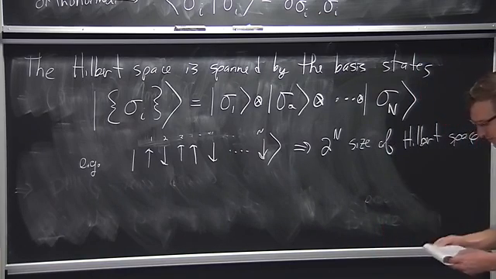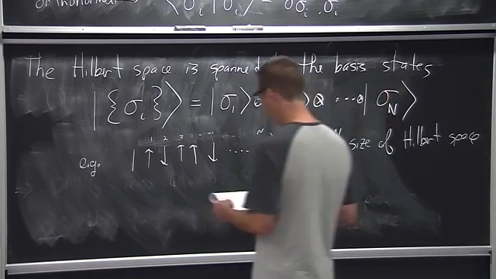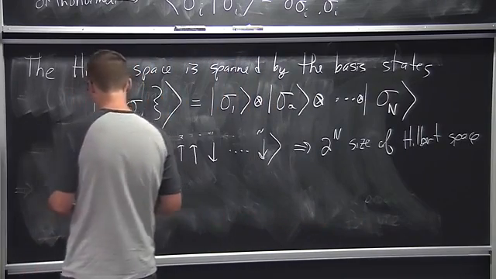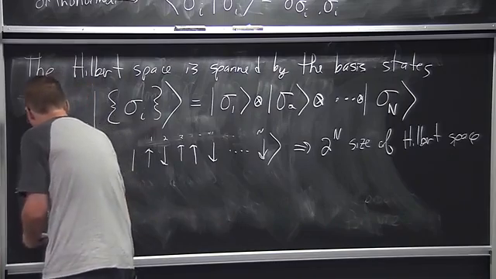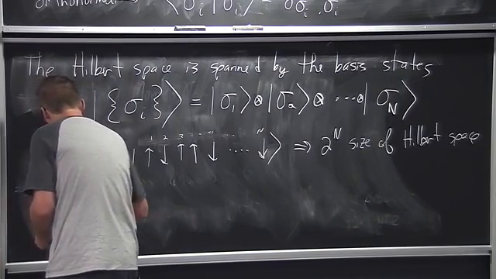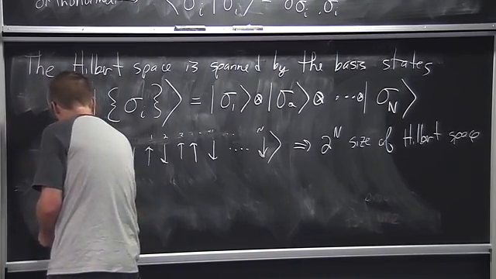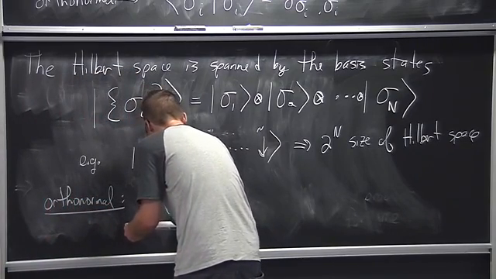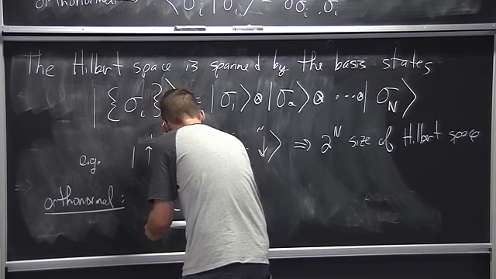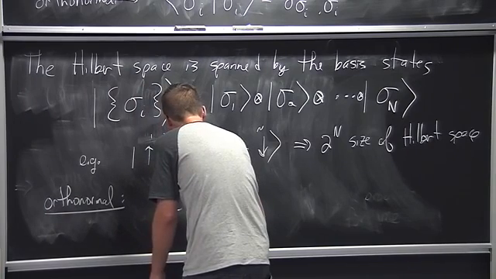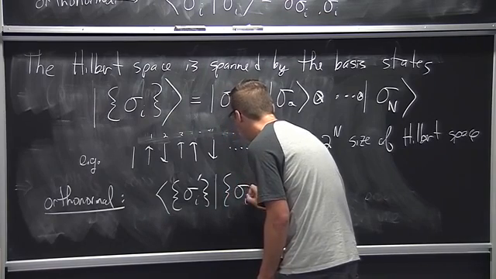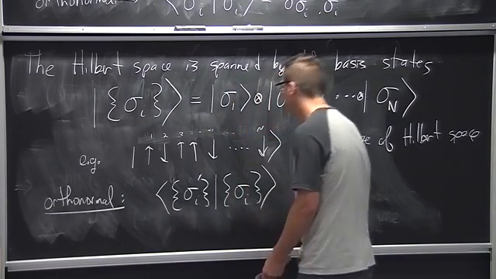Right? Makes sense? And the matrix element, well, the orthonormal condition follows straightforwardly. I'm just writing this stuff very explicitly here. So let me say sigma i prime, sigma i unprime.